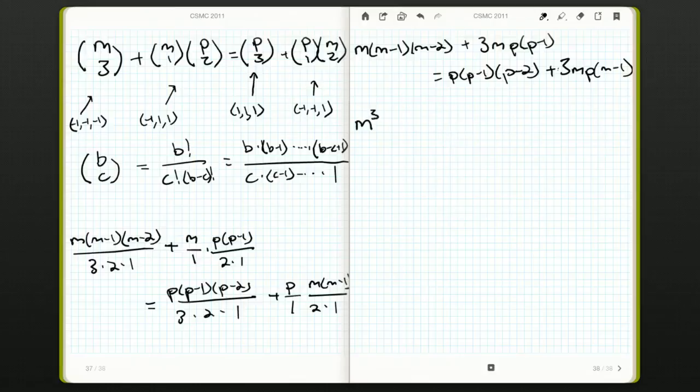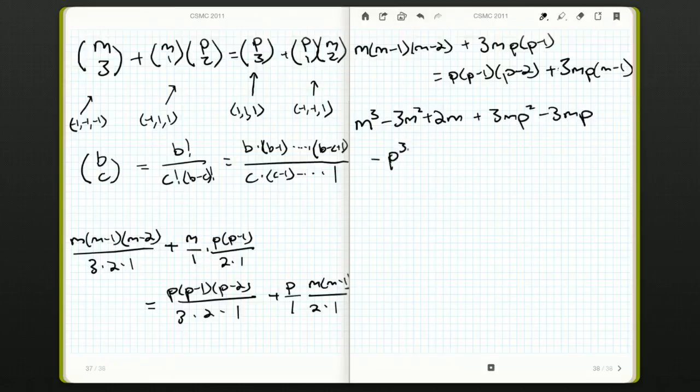So that's m cubed minus 3m squared plus 2m plus 3mp squared minus 3mp. We're bringing this stuff over to the other side.